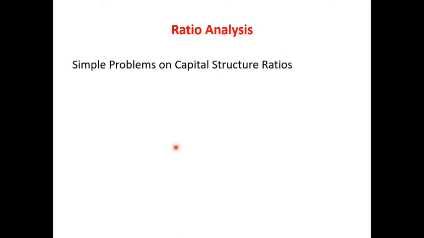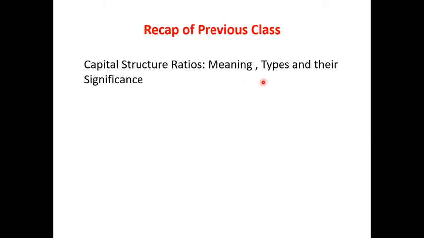In this session, we are going to solve some simple problems on capital structure ratios. In the previous session, we discussed the meaning, types, and significance of capital structure ratios.